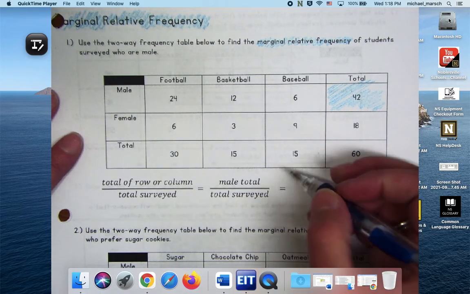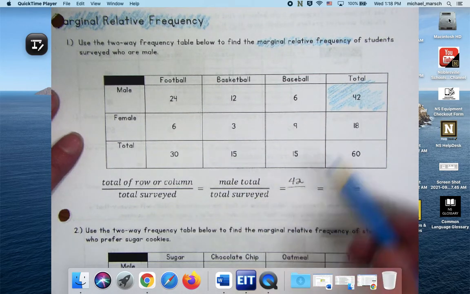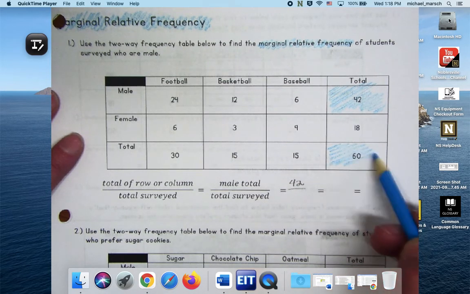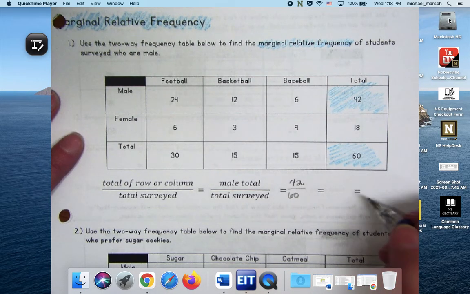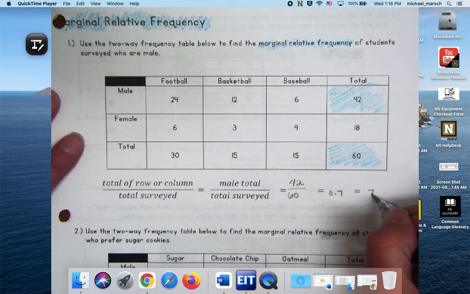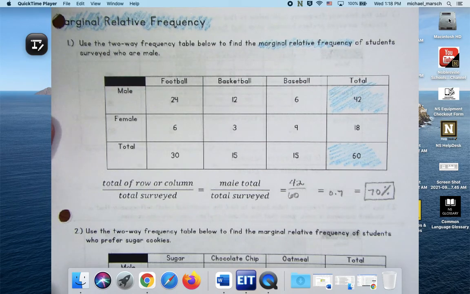How many are there? 42. 42 out of the total surveyed. So you get 0.7, which equals 70%. 70% of the people surveyed were male.